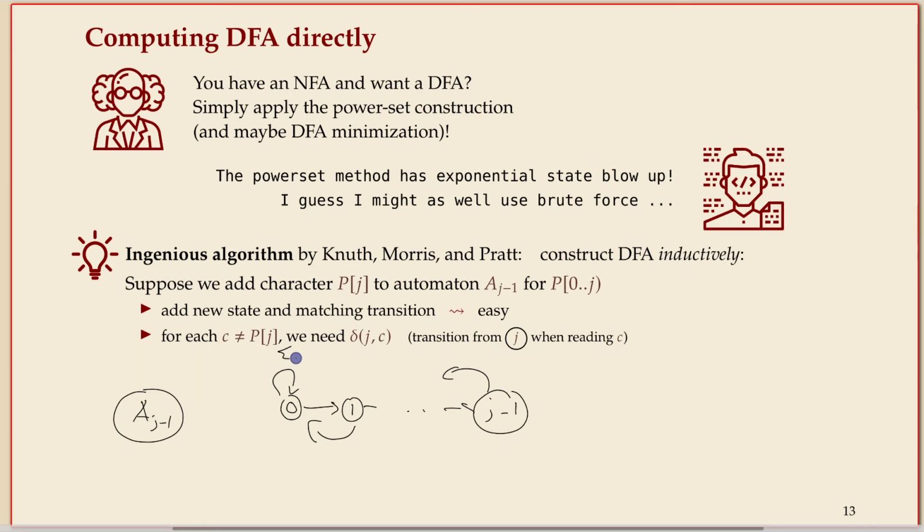And so if we want to go now to AJ, the automaton for the pattern with one more character at the end, what we'll always have to add is the new state j. And that just gets the transition pj.